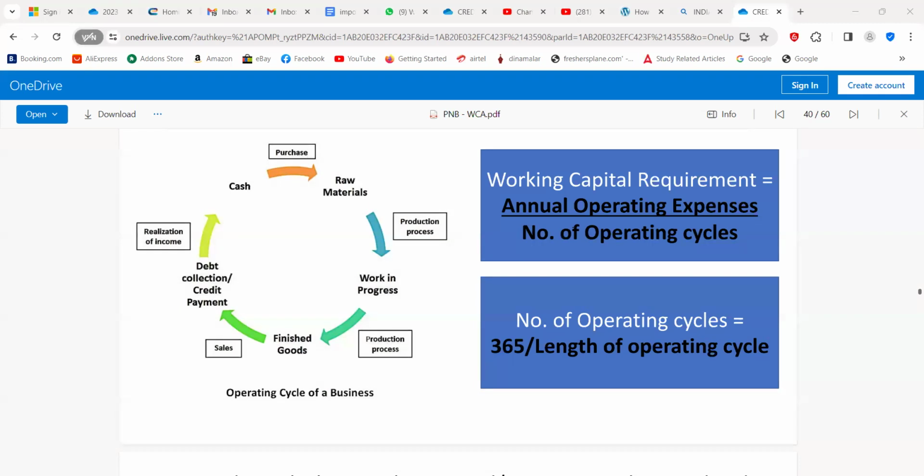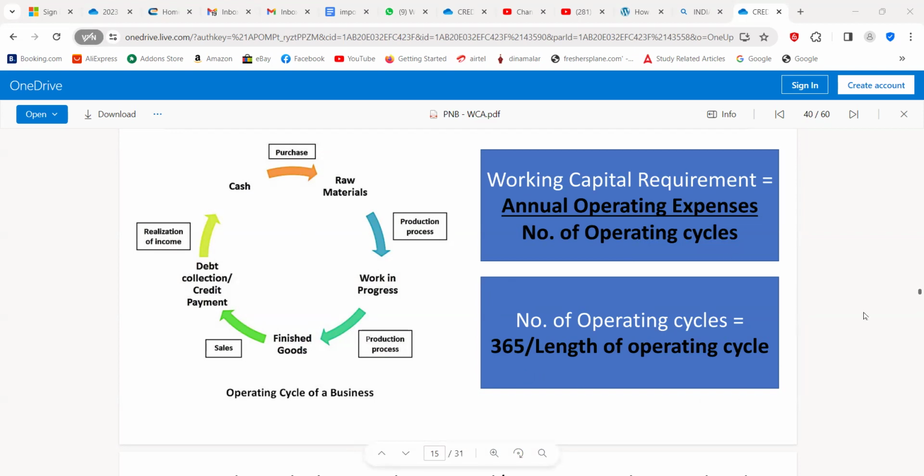Working capital requirement is equal to annual operating expenses divided by number of operating cycles. Number of operating cycles is equal to 365 divided by length of operating cycle. That means we buy raw material on the first day, we make it into finished goods by the 10th day, then it is sold within probably the next 15 days, 25 days. Here we are giving 1 month time. So it comes to 55 days or probably 2 months in all.